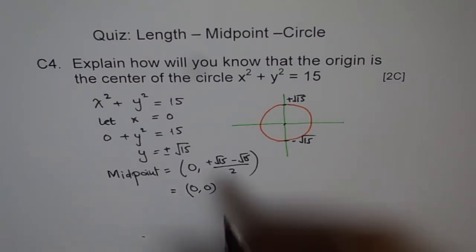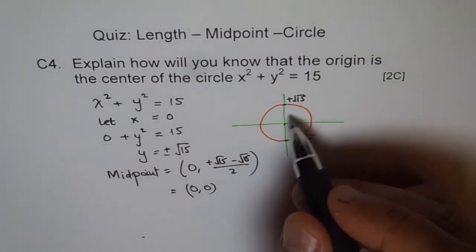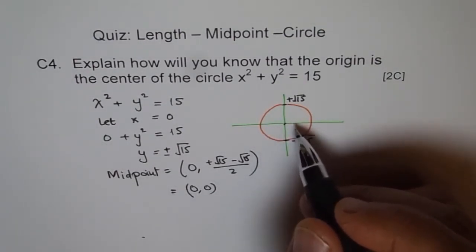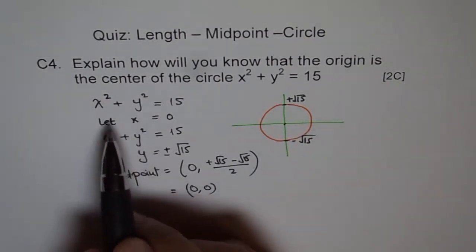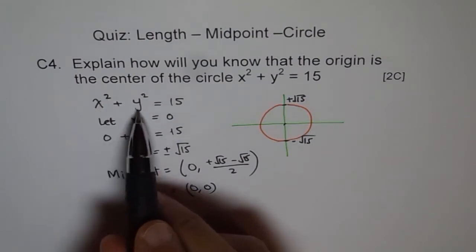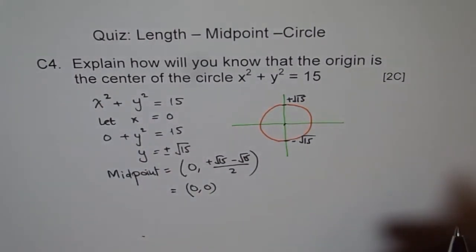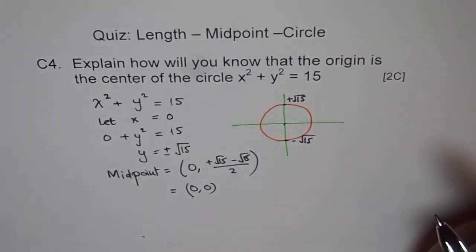But we don't know whether this is really the diameter. It could be a chord. Do you understand? It could be a chord. So how do you prove that this is the diameter? To prove that part, what we know is, if the equation of the circle is x square plus y square equals 15, then what is the radius? Radius is square root of 15, right?